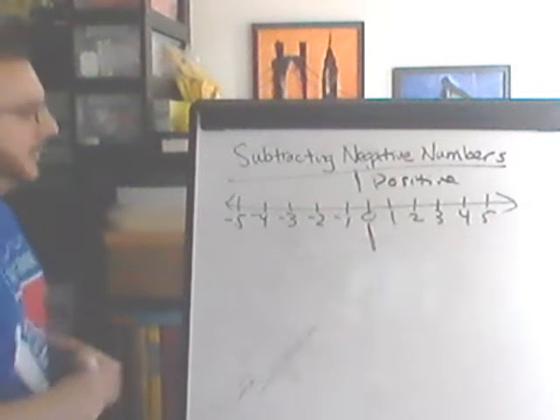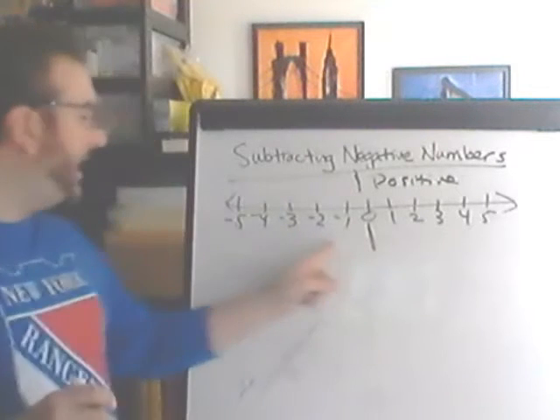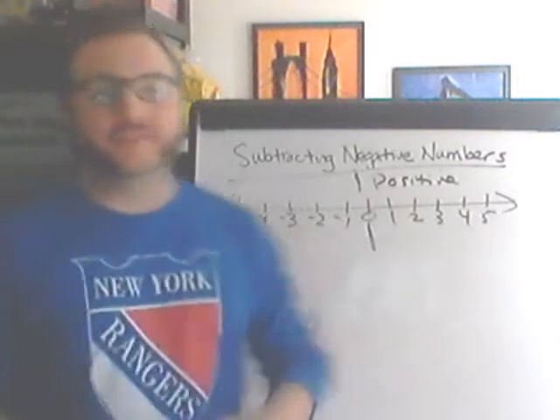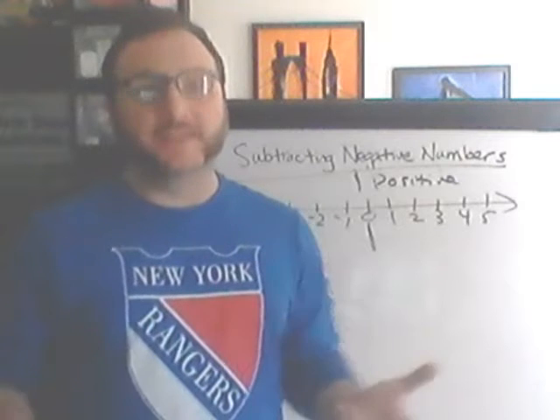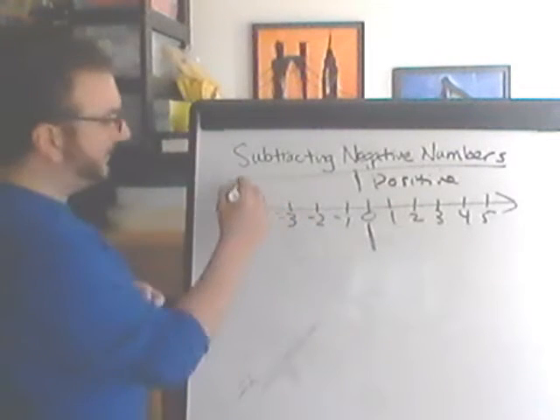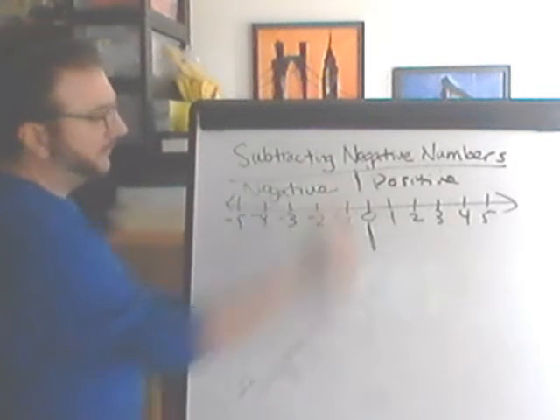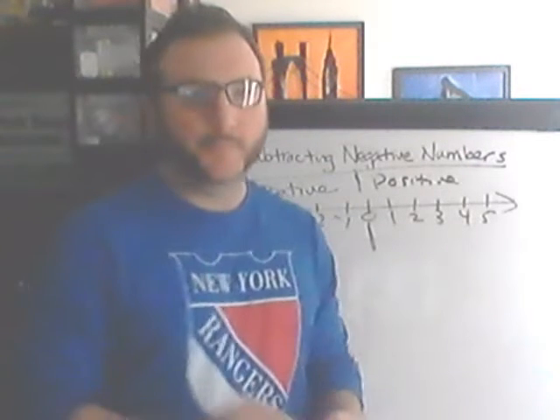Right? Yes, all the numbers on this side of the 0, on the left side of the 0, are going to have a minus in front of it, which makes them negative. So that's the negative side.